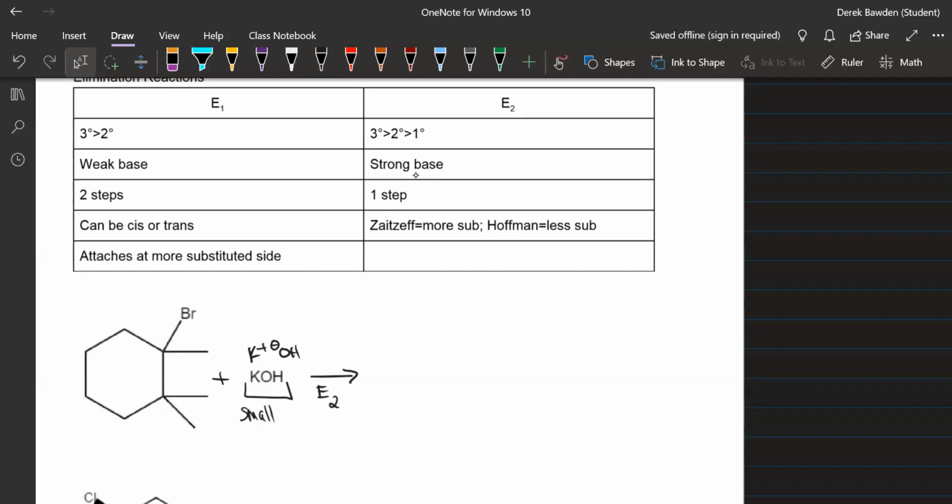So what happens in these is a base of some kind steals a proton from the molecule, and because the molecule then becomes negatively charged, it wants to not hold that negative charge, and so it gets rid of any leaving group it can and forms a double bond. Okay, that's essentially what happens in an elimination reaction. A base steals a proton, and then the molecule becomes negative, and it gets rid of that negative charge by forming a double bond and kicking off a leaving group. That's the basis of elimination reactions.